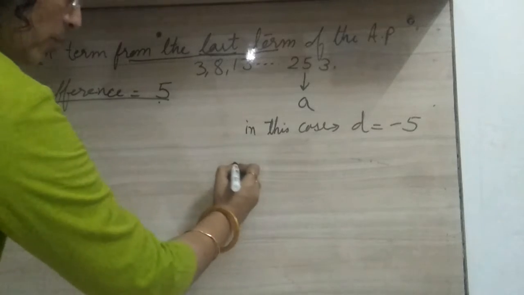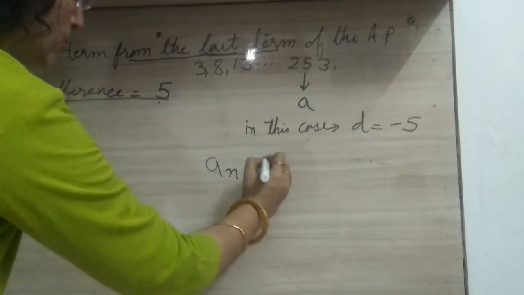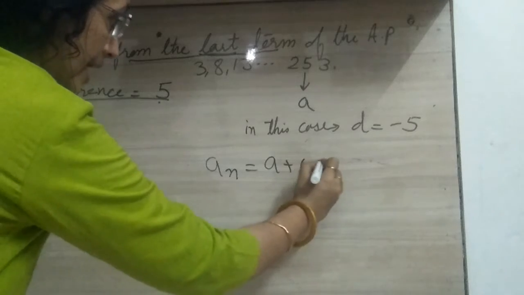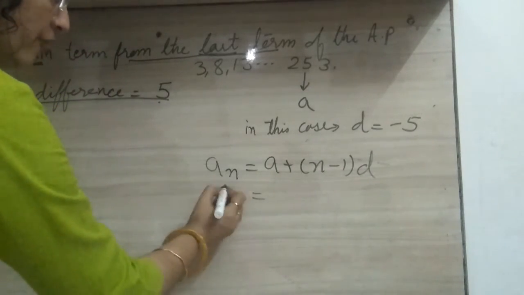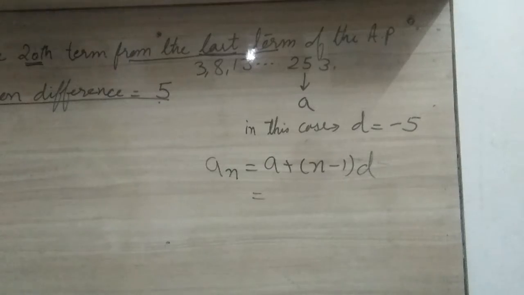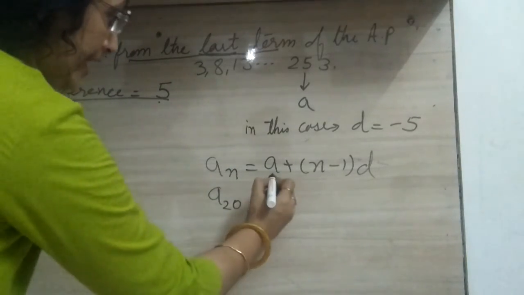So what formula we are going to use? You know that an is equals to a plus n minus 1 d. Now we are doing from last term, so we have to find 20th term, a20.